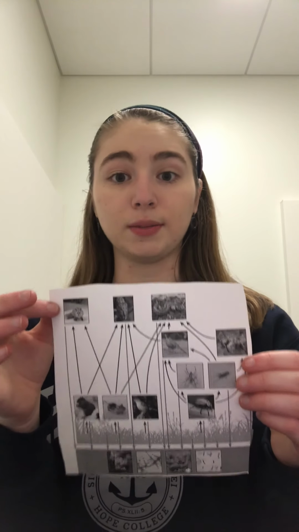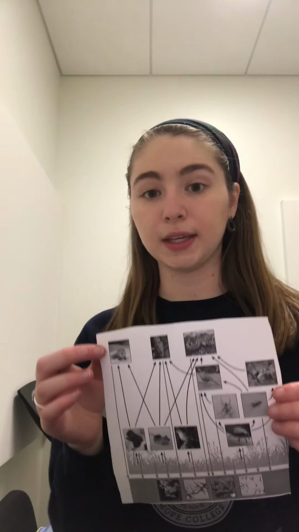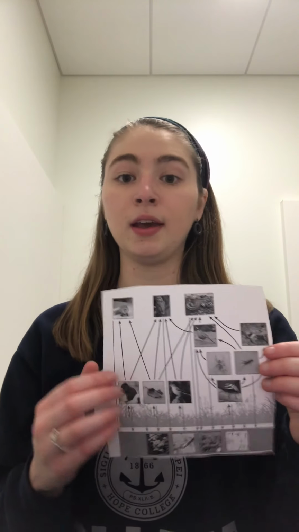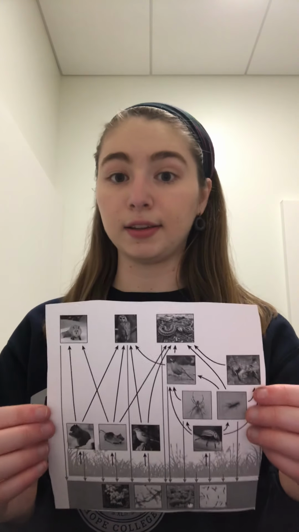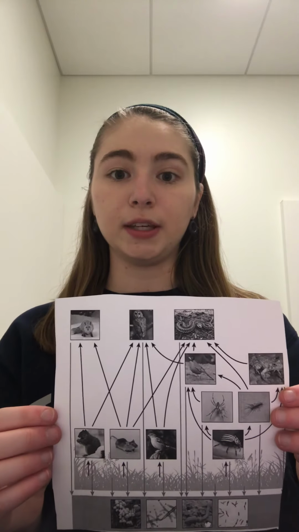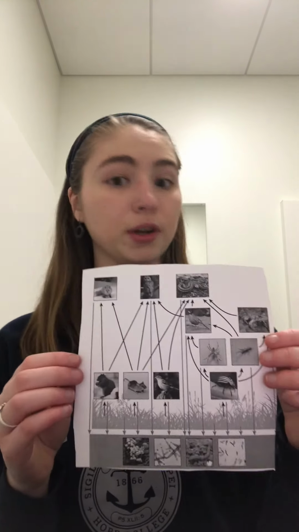The apex is going to be the one that is affected the most because they are ingesting all of these toxins from previous animals. This will make a great impact on the ecosystem and the food web, and there could possibly be a new tertiary consumer in the future if the copper continues to spread.